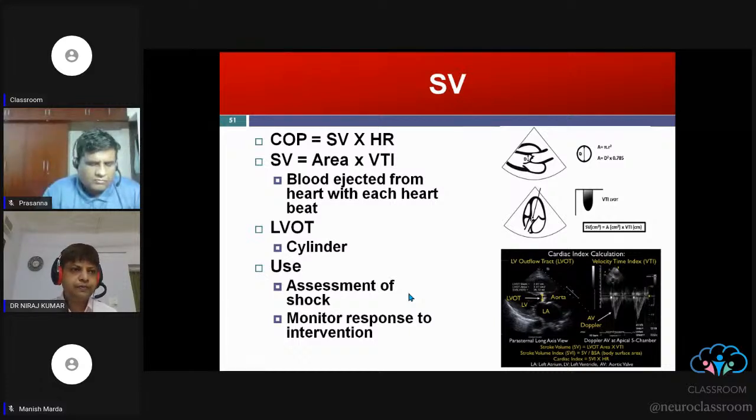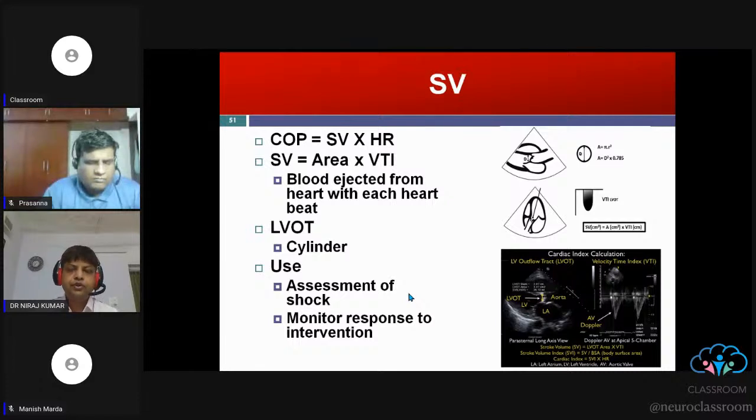That is the main goal. Organ perfusion is dependent upon the blood pressure, and the blood pressure depends upon the cardiac output, and the cardiac output is equal to stroke volume times heart rate.